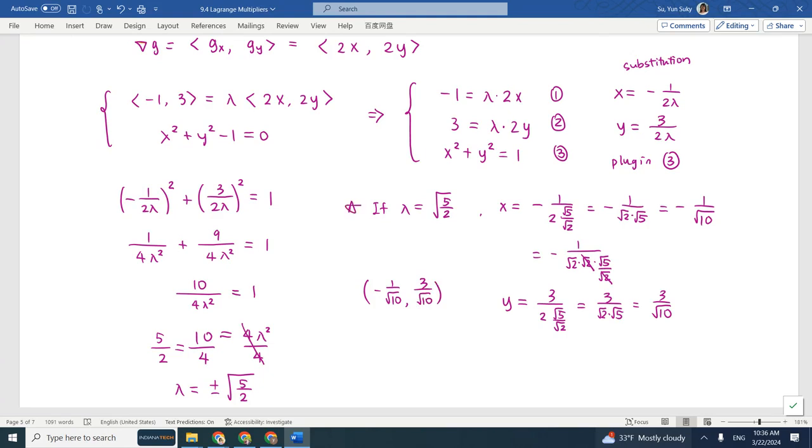So this is when lambda is positive, but if lambda is negative, what happens? You almost get the same thing, but with a minus sign.